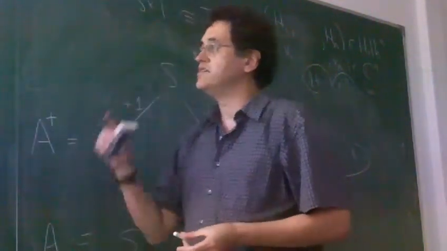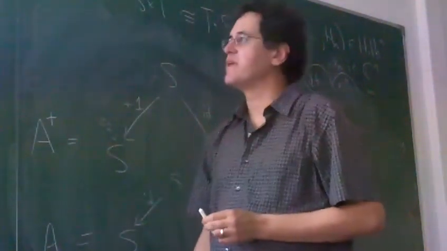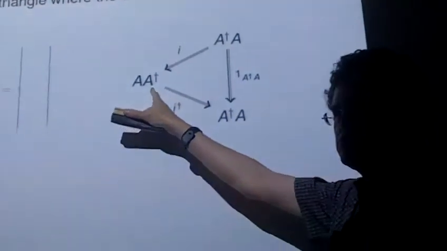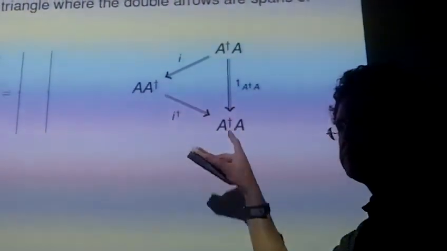So the reason why I'm drawing these things as double arrows is because these are two morphisms. So these are short for spans of spans. This is an actual map of spans, a way of including any of these processes in these. And this is the thing we get when we turn around that map of spans.